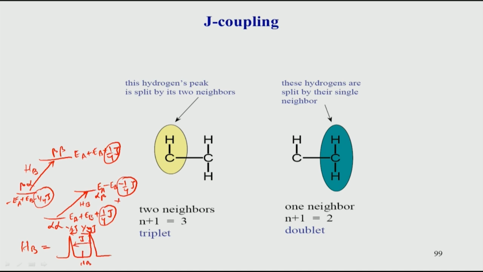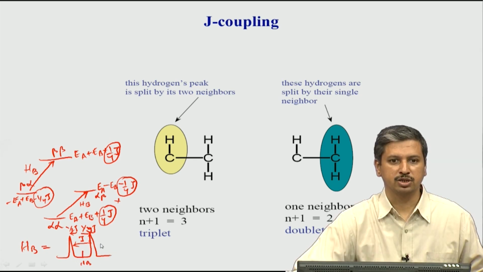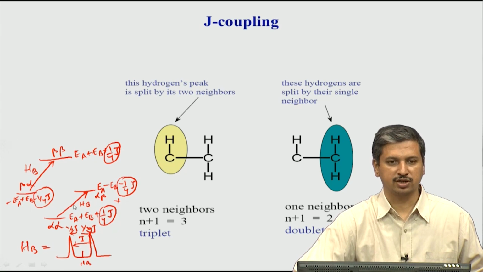So, because of the presence of the J coupling between H beta and H A, the H beta peak now gets split into 2 peaks. It is no longer a single peak, it has got split into 2 peaks because of this change in the energy of the transition. And where is this energy of transition change coming from?